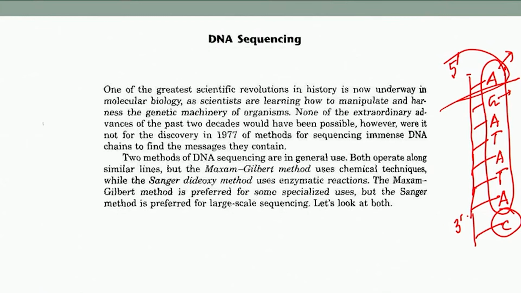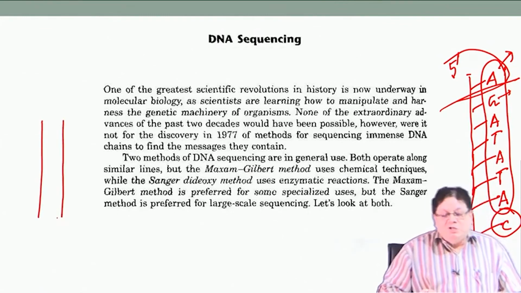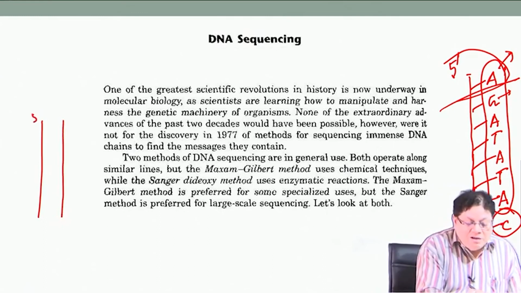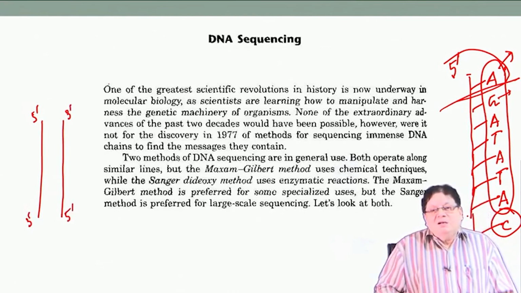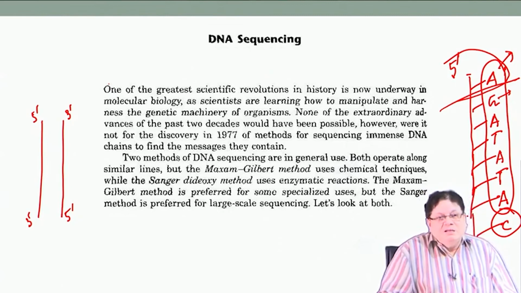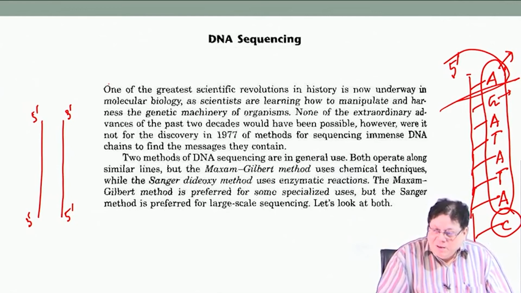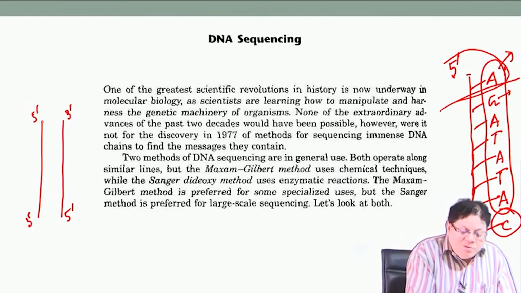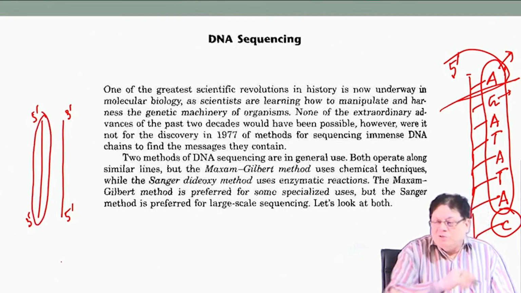And the other thing is that you start with a double stranded DNA, anti-parallel: 5 prime 3 prime, 3 prime 5 prime. So, initially you need to separate these strands, because you cannot do the sequence in both the strands at the same time in the same solution. But if you know the sequence of one strand, you can immediately write the sequence of the other strand.